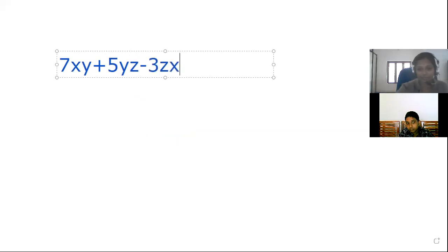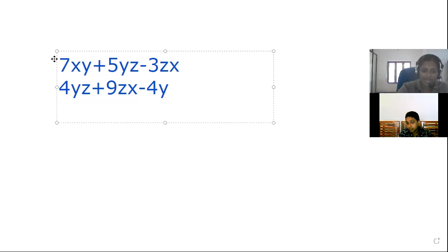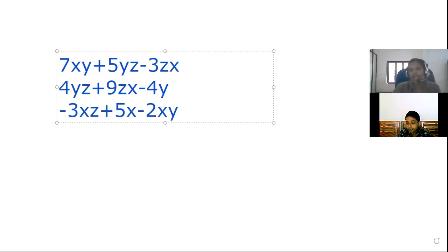The second expression is 4yz plus 9zx minus 4y. And the last expression is minus 3xz plus 5x minus 2xy.